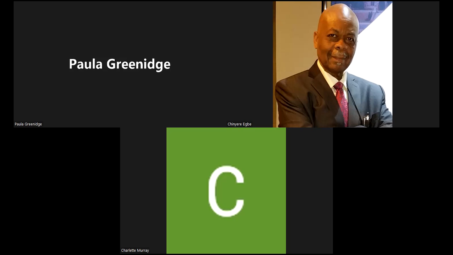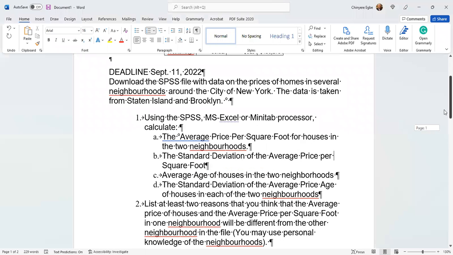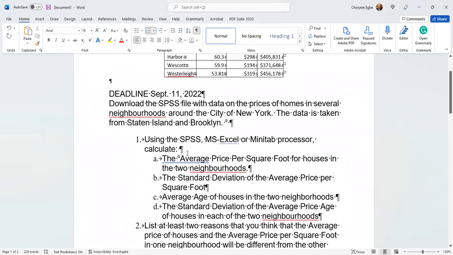Okay, I'm going to share screen once more so that we can look at the problem. It says using the SPSS or MS Excel or Minitab processor, so you can use MS Excel, calculate the average price per square foot for houses in the two neighborhoods, the standard deviation of the average price per square foot.